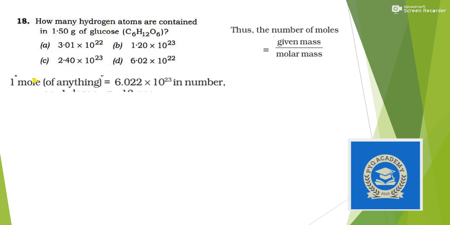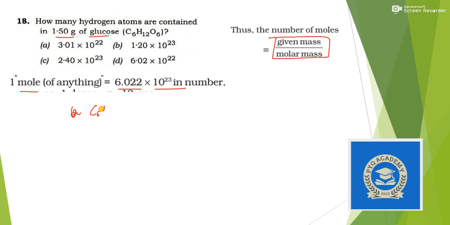Okay. Next question. How many hydrogen atoms are contained in 1.5 gram of glucose? For that we need to count. In 1 mole there are 6.022 into 10 to the power 23 atoms. And to find the moles we need to divide the given mass by the molar mass.